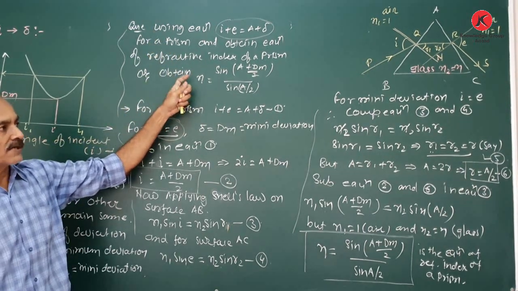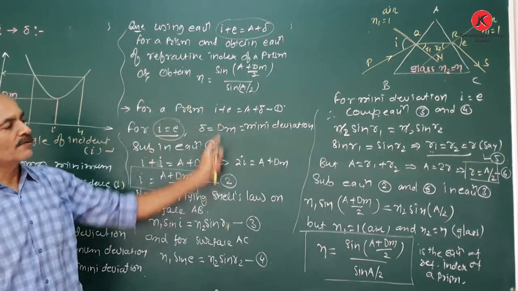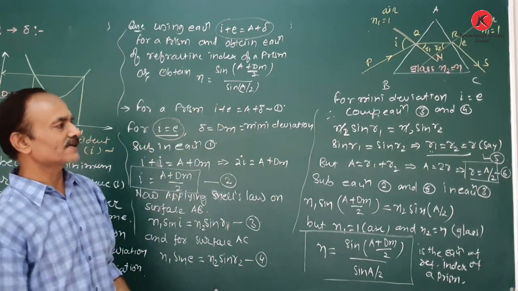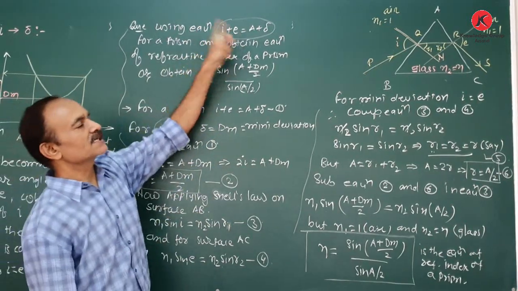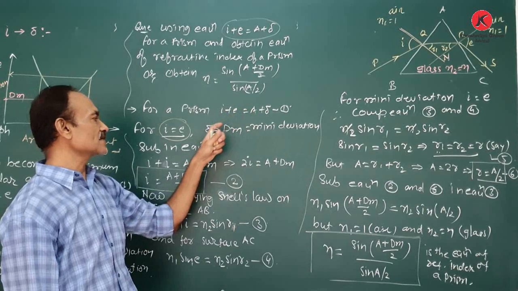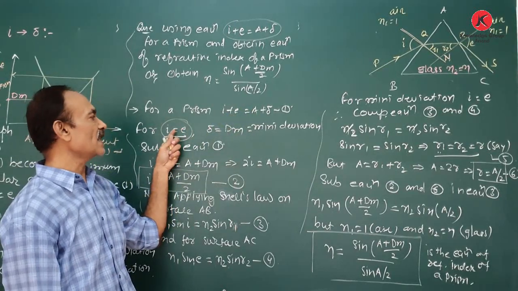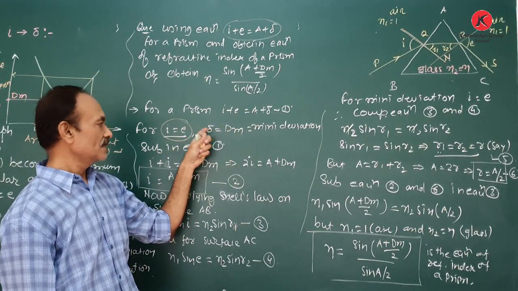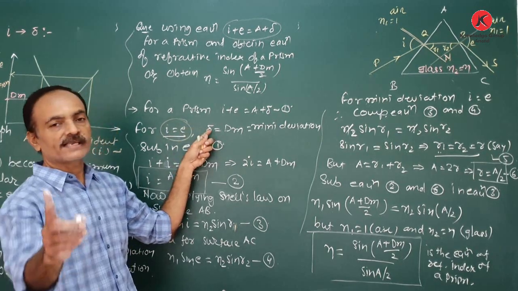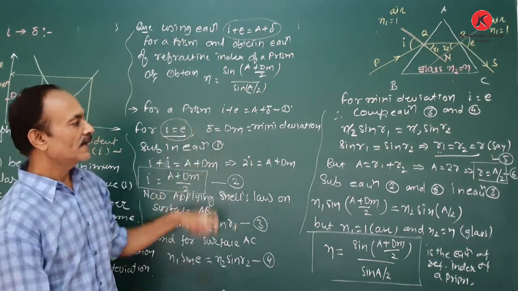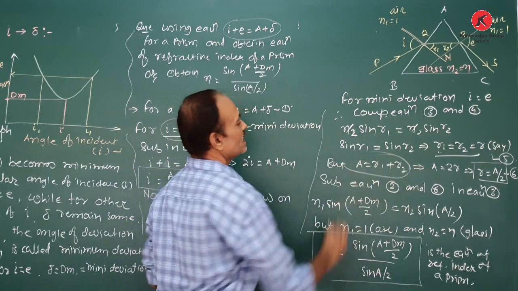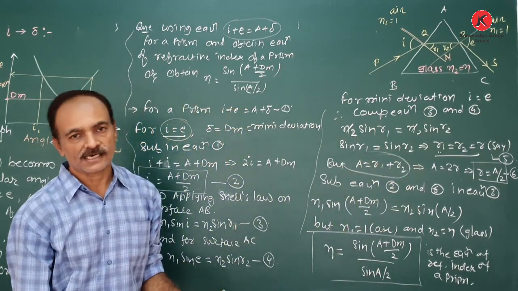That is also important, maybe asked as a 2 marks question, only the mathematical terms. Here we accept I plus E is equal to A plus delta, and for the minimum deviation condition, when I is equal to E, then delta is equal to delta M, and also we accept A is equal to R1 plus R2.